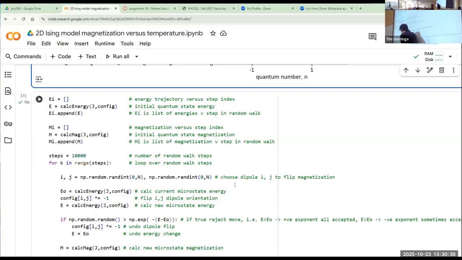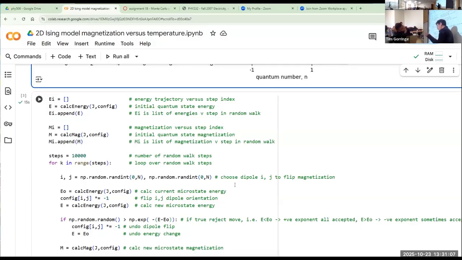So I generate a random number from 0 to 1. If that random number is larger than this Boltzmann factor here, I'm going to reject the change. I'm not going to do the change.